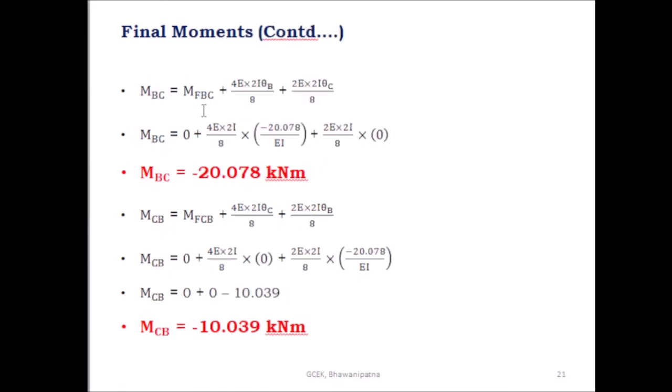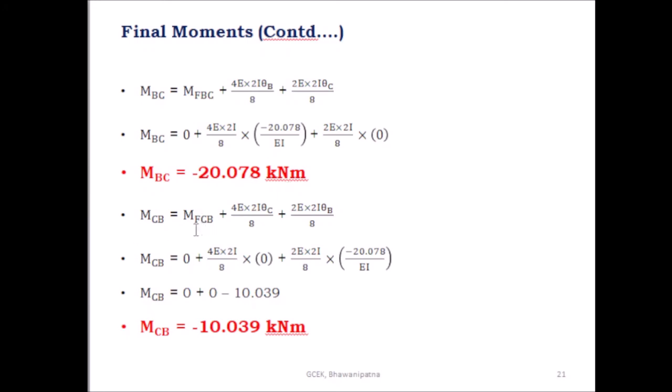Then MBC is equal to MFBC plus 4E into 2I theta B by 8 plus 2E into 2I theta C by 8. MFBC is 0, then here you put theta B and theta C. Theta B you got minus 20.078 by EI, theta C is 0. After simplification, MBC is equal to minus 20.078 kilonewton meter.